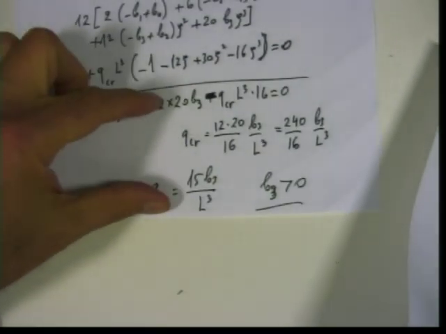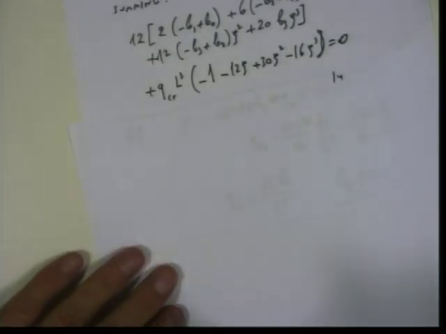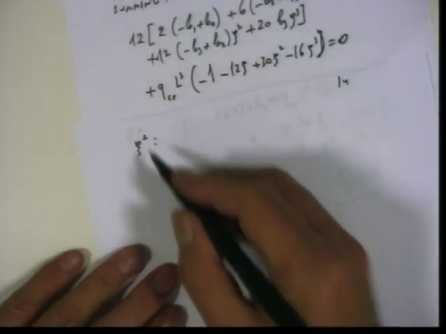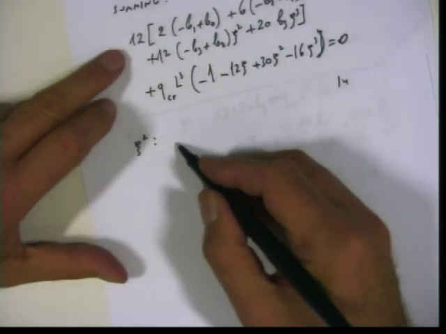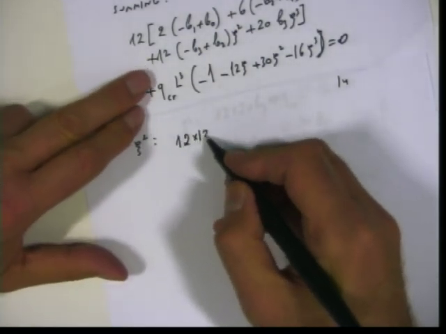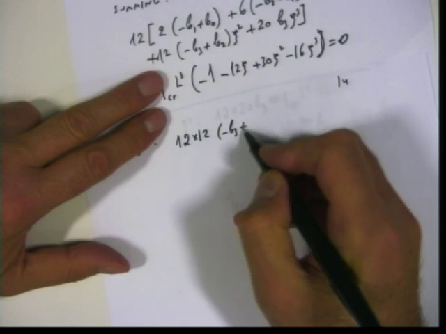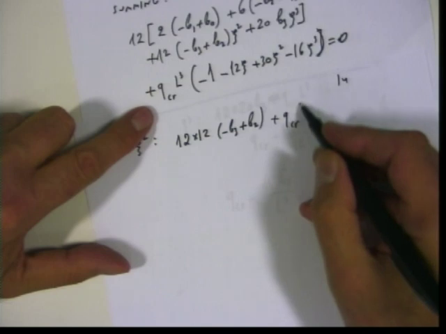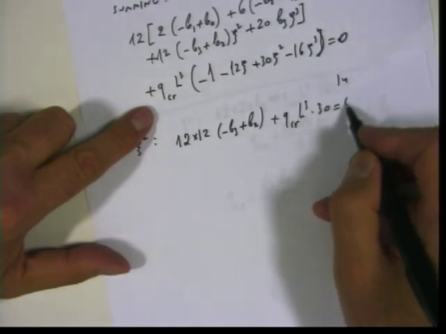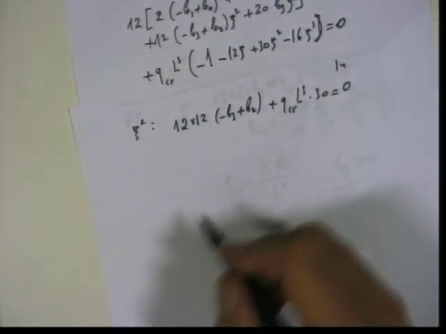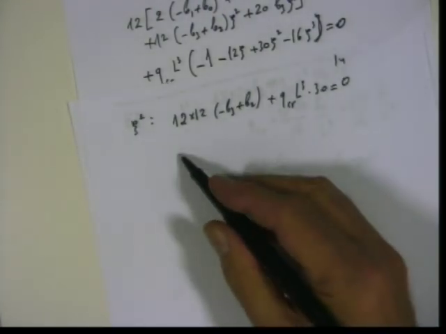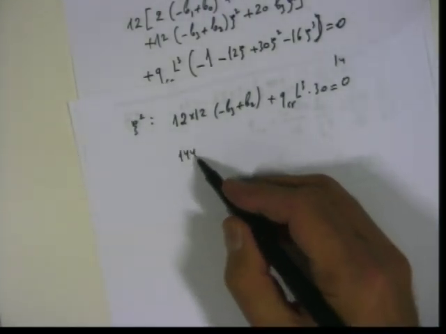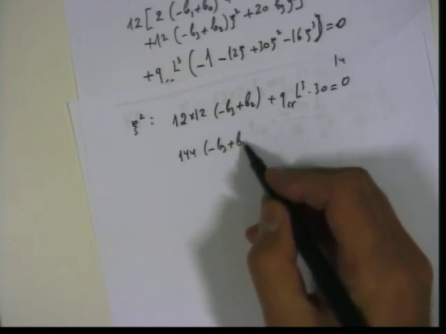So now, did you write this part? Maybe I'll move. So I will take xi squared. Xi squared will be 12 times 12 minus b3 plus b2 here, and here is plus q critical L cubed times 30 equals 0. So this equals 144 minus b3 plus b2.